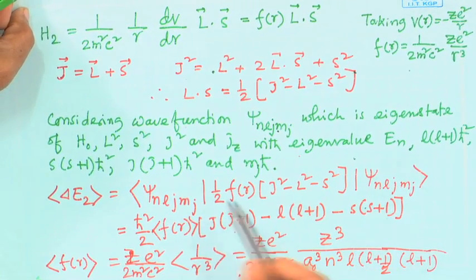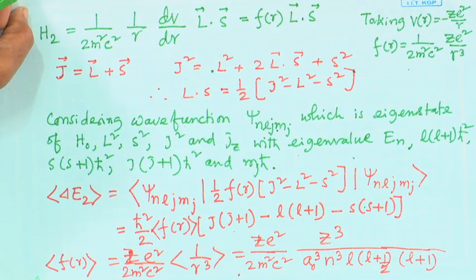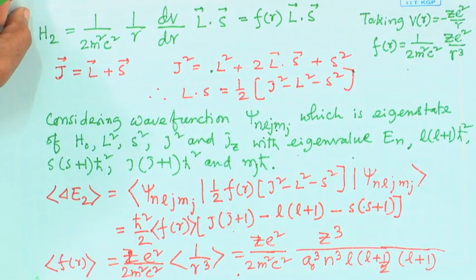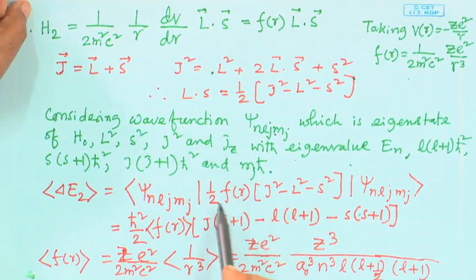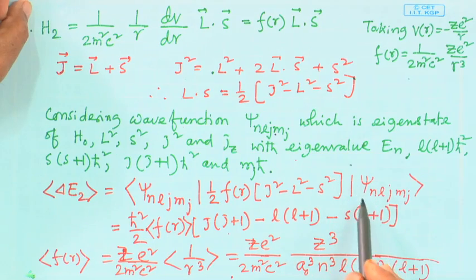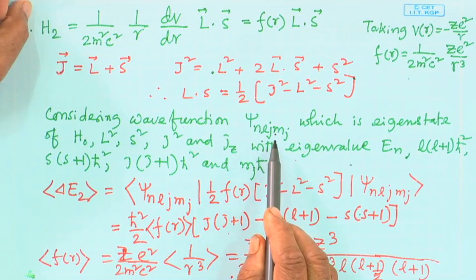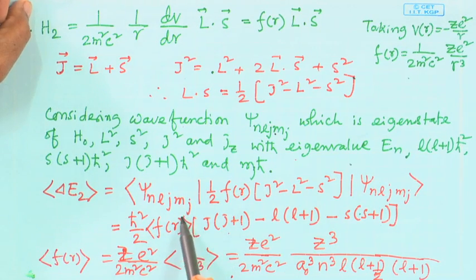One can find the correction to the energy due to this H2 Hamiltonian, so one has to find the expectation value of H2. Here ψ is ψ_{n L j m_j}, and f(r) is not an eigen operator for this wave function, so one has to find the expectation value.